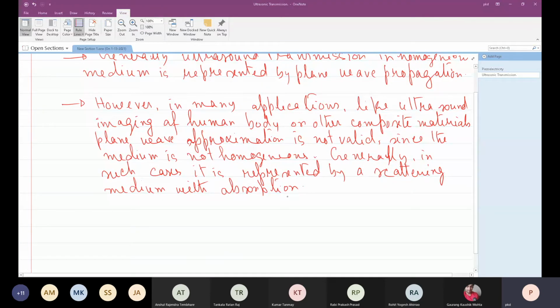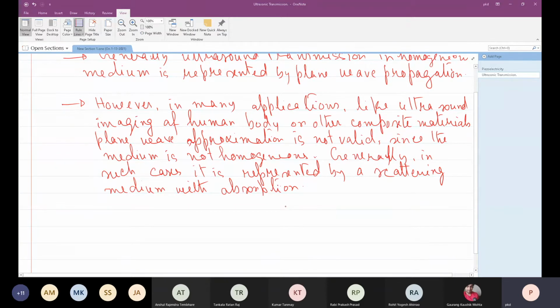In many cases, especially for human body, so there is quite a bit of absorption of ultrasound energy. So that's why you feel warm or heating effect is there when ultrasound is used to excite the body mass. So therefore, there are certain amount of absorption that also need to be taken into account.